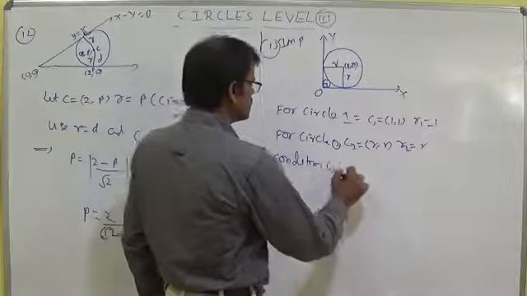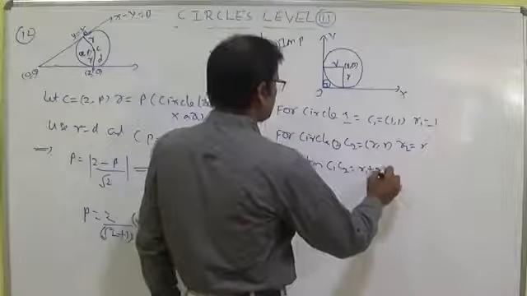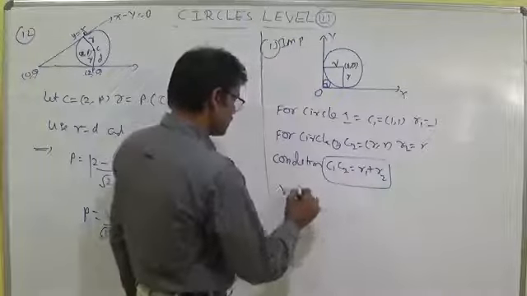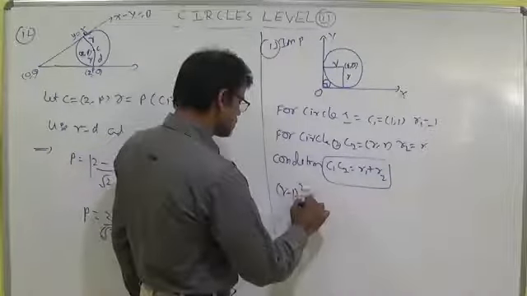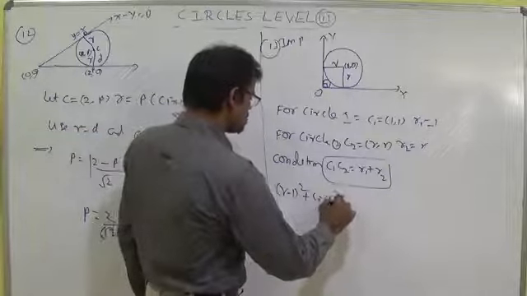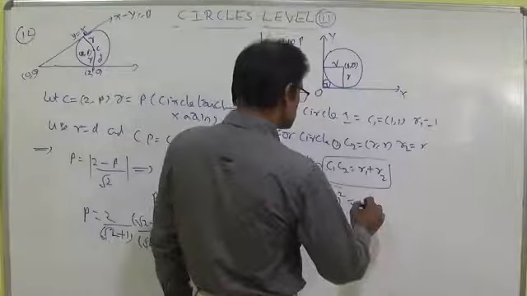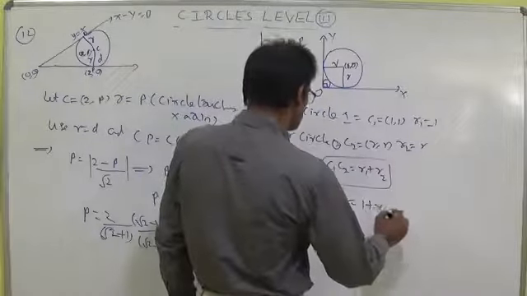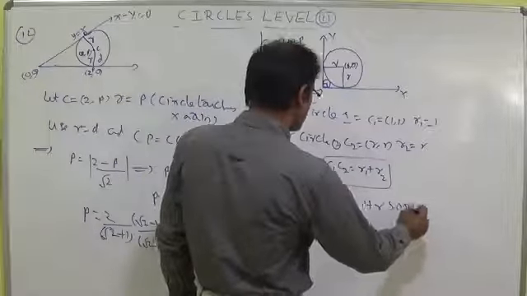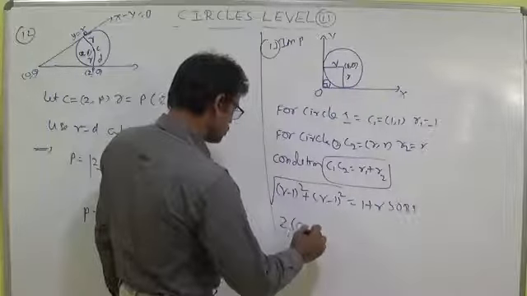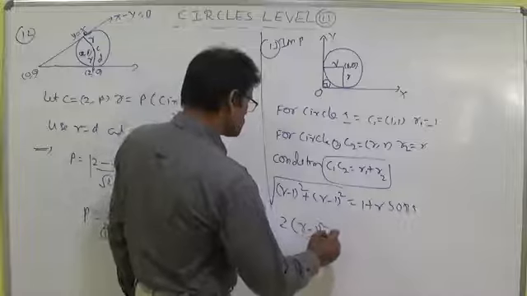C1C2 is equal to R1 plus R2 whenever two circles touch each other externally. Then you can write this as root of (R minus 1) whole square plus (R minus 1) whole square. This is the C1C2 distance. R1 plus R2 means it is 1 plus R. By squaring both sides, you can get this as 2 into (R minus 1) whole square.